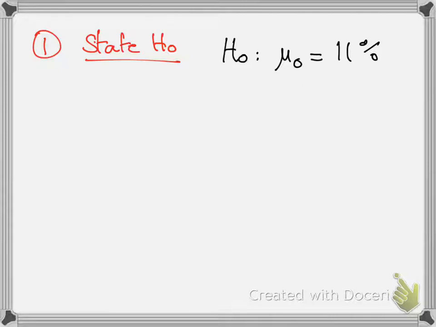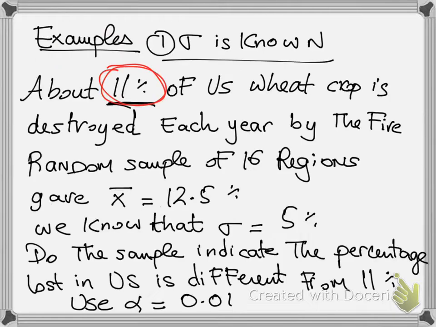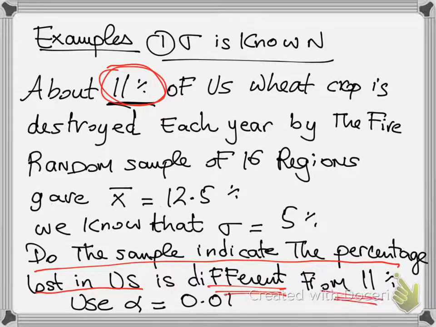Now, what's the alternative hypothesis? Well, here the question is, do the samples indicate the percentage loss in the US is different from 11%? So we want to test H0, the 11% average percentage of US wheat crop destroyed by fire, against the alternative hypothesis that it's different from 11%.